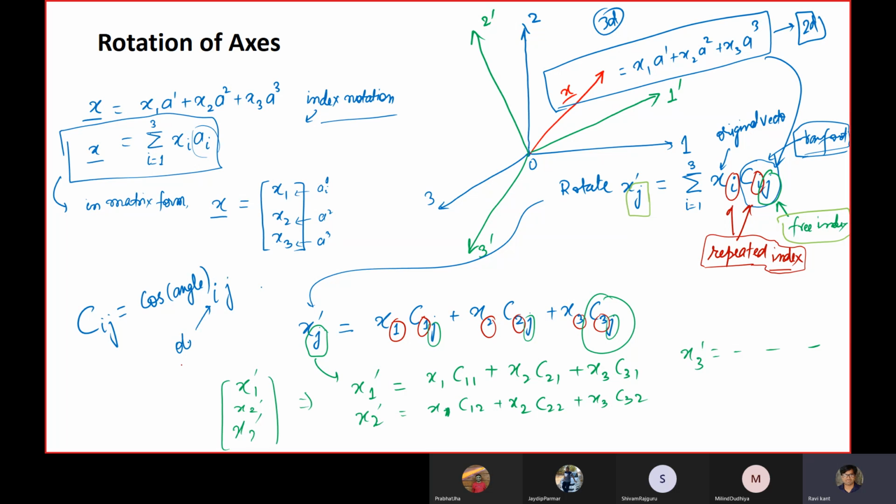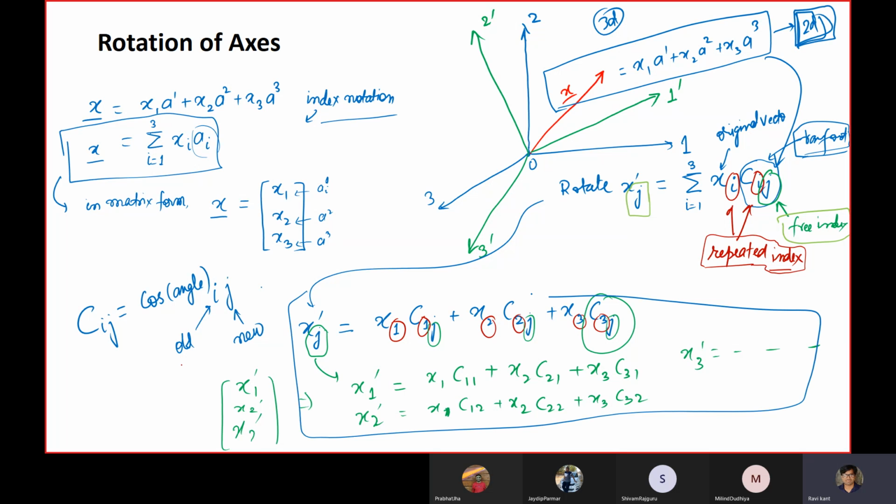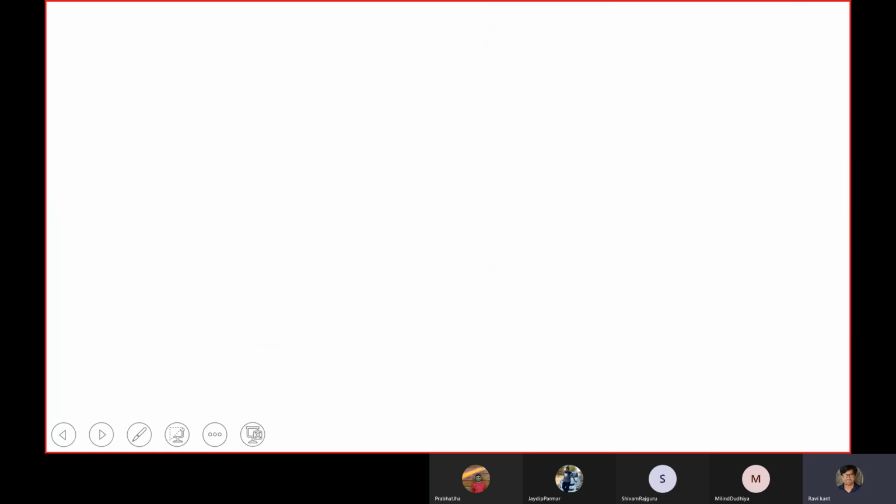So this is my old subscript and this is my new rotated subscript. We'll see how things work out in 2D. Since you are not able to capture this, once I start doing things in 2D, you will be able to capture how I've done things in two-dimensional form.